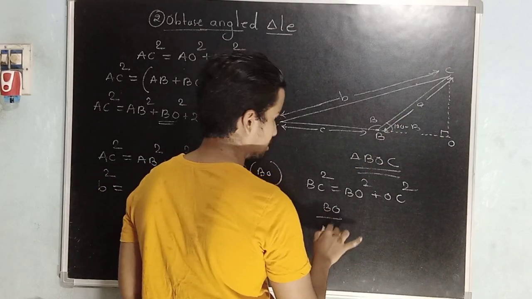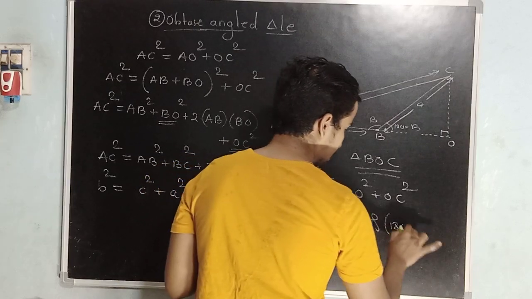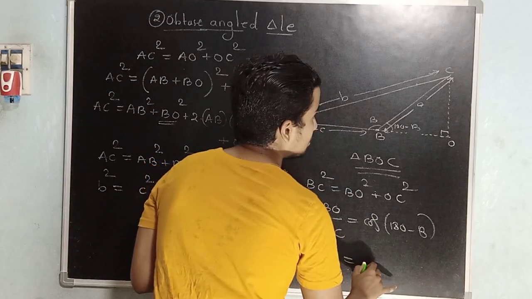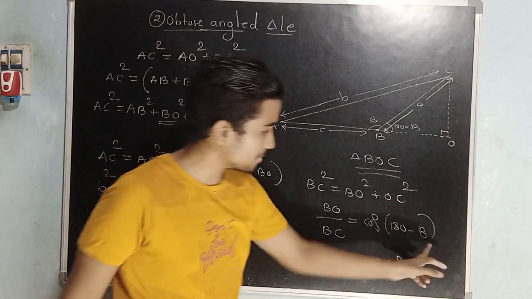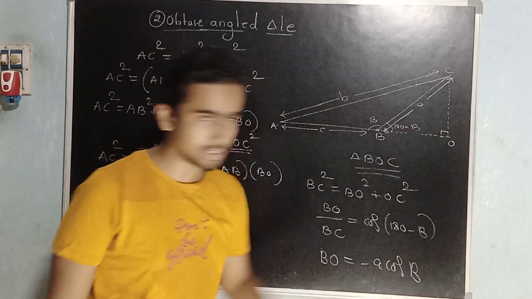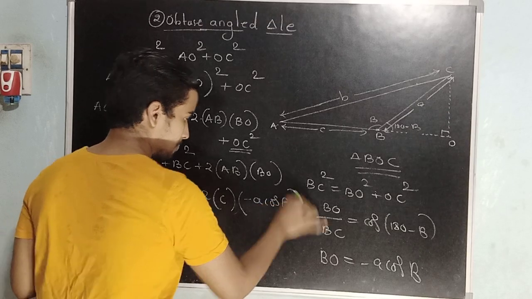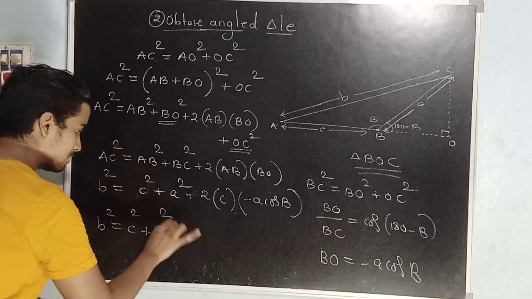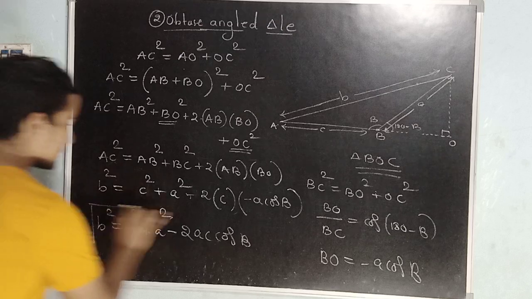Base by hypotenuse is nothing but cos of 180 minus B. So BO is nothing but minus a into cos B. Okay, cos of 180 minus B is nothing but minus cos B. BC is nothing but a. So BO is nothing but minus a cos B. Okay, so b square is equal to c square plus a square minus 2ac cos B.